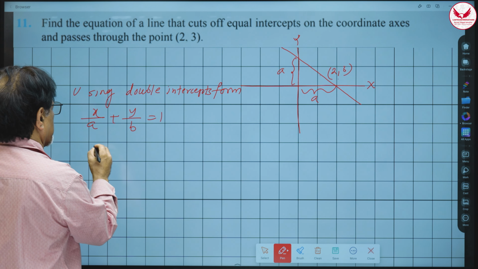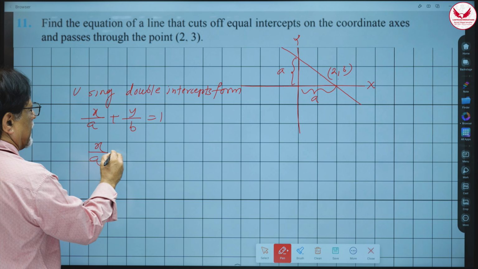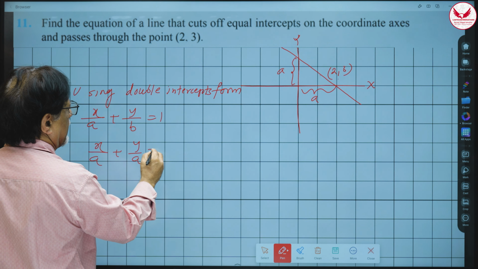But here both the intercepts are equal, so it is x upon A plus y upon A is equal to 1, which means the equation is x plus y is equal to A.